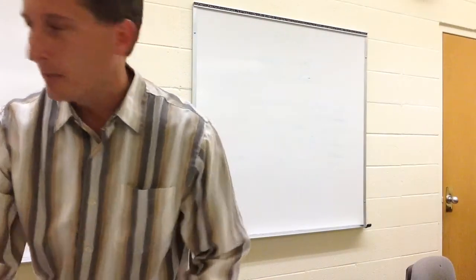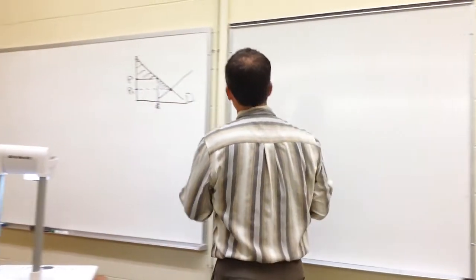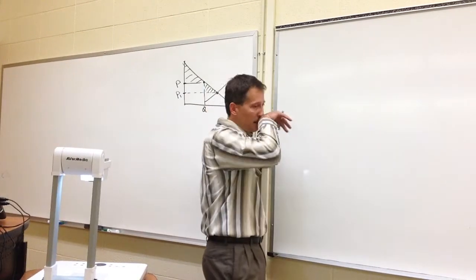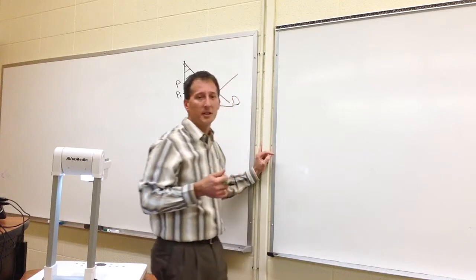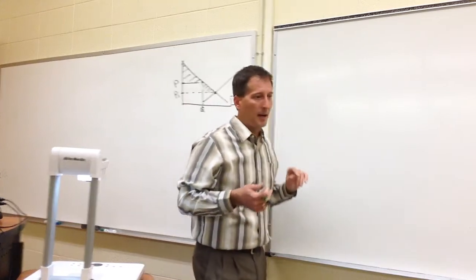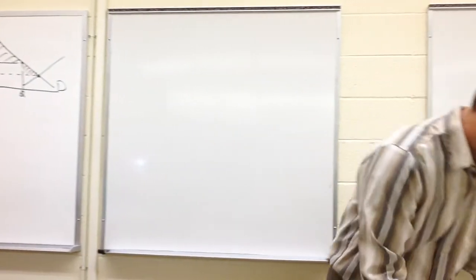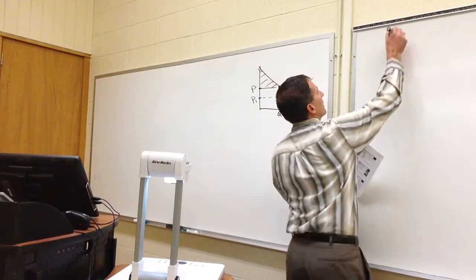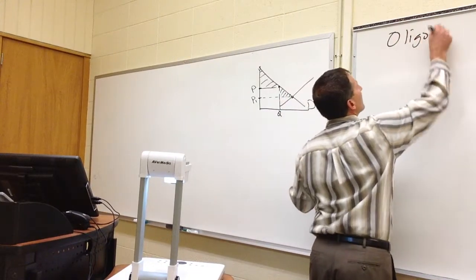So game theory, we're going to spend more time on in chapter 12, but this chapter starts off with the prisoner's dilemma, which you might remember. So I'm going to refresh your memory on some oligopoly.